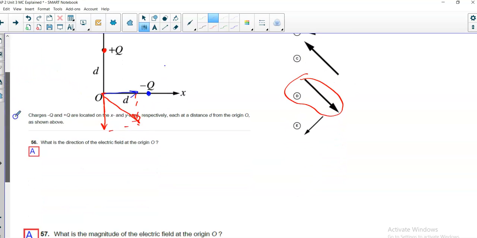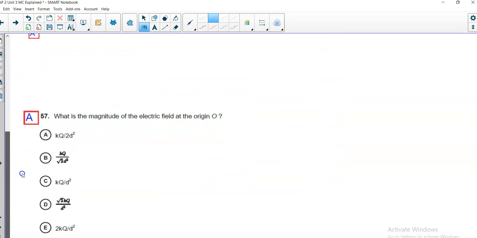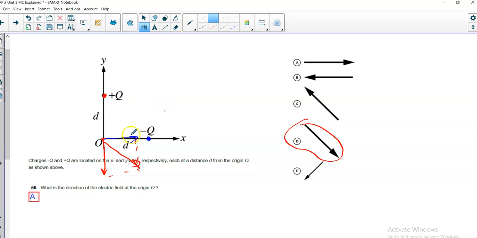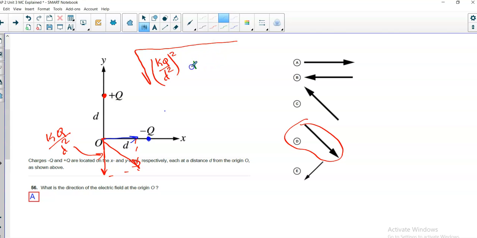Now, scrolling down, 57. What is the magnitude of that? Well, what do they want? The electric field. So they're both going to be the same magnitude, the individual ones, and that's going to be kQ divided by d squared. There's two of them, but they add as Pythagorean theorem, so it's going to be the square root of (kQ over d squared) squared plus (kQ over d squared) squared.